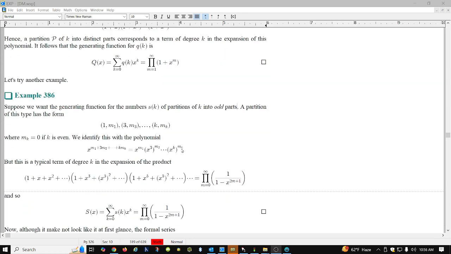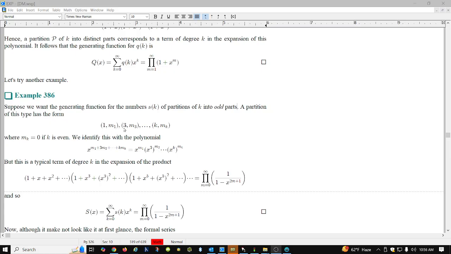Another example. Suppose we want the generating function for the numbers s of k of partitions of k into odd parts, 1, 3, 5, 7, and so on. So a partition of that type is going to look like this.